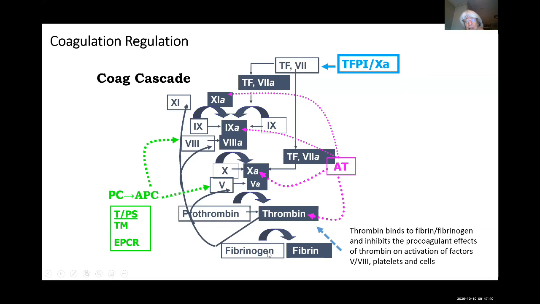We often lose sight of the fact that fibrinogen is a really important regulator of clotting, because thrombin binds to fibrin and fibrinogen. When thrombin is bound to fibrin, it inhibits the procoagulant effect of thrombin to activate factors 5 and 8. Thrombin also activates platelets and cells, but fibrin doesn't destroy the thrombin. It just holds it, and the thrombin can be later released.